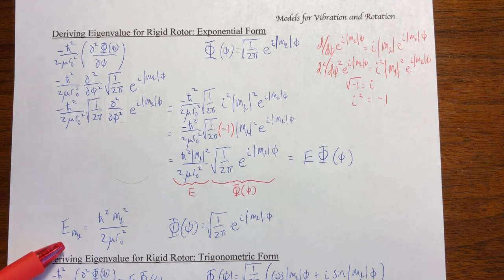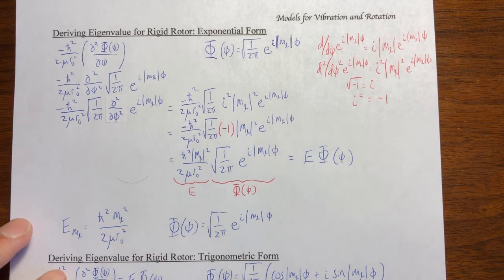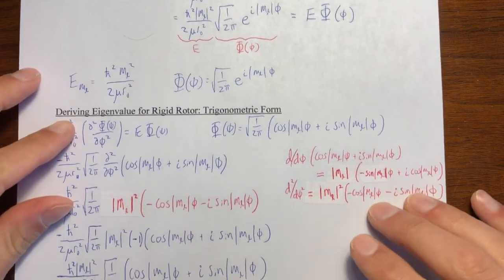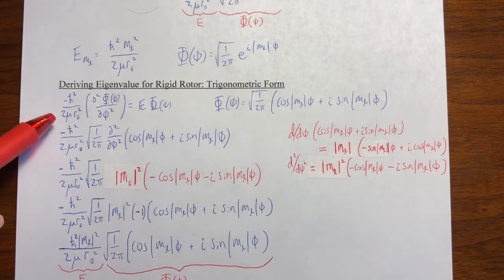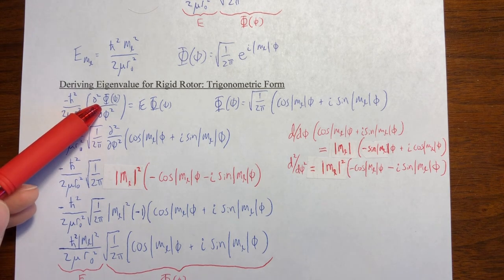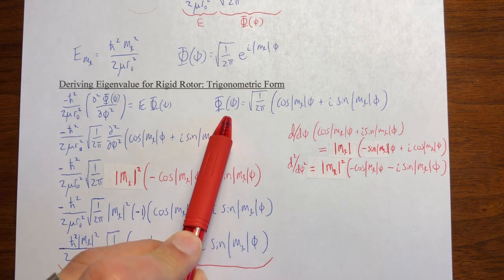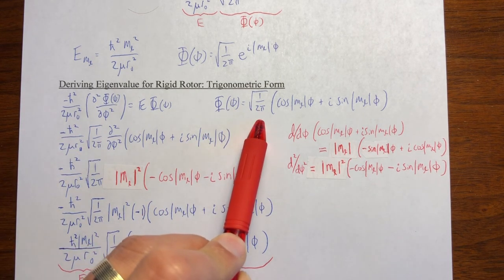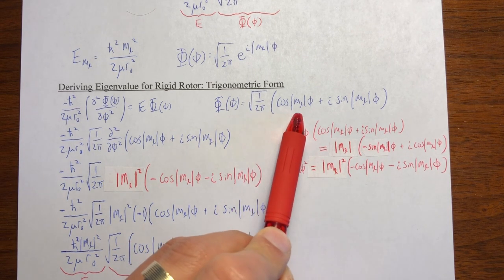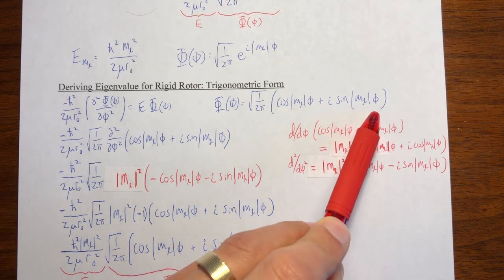Now we can also derive our eigenvalue with our normalized rigid rotor wave function using trigonometric identities. And we'll do that here. So here we have our Hamiltonian operating on our wave function. And our wave function this time is normalized to be equal to the square root of 1 over 2 pi times cosine m sub l phi plus i sine m sub l phi.